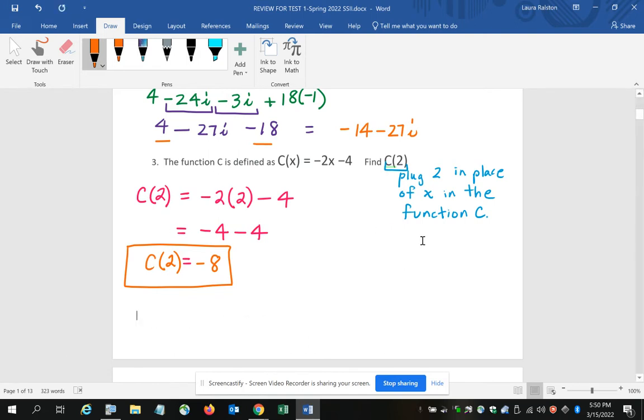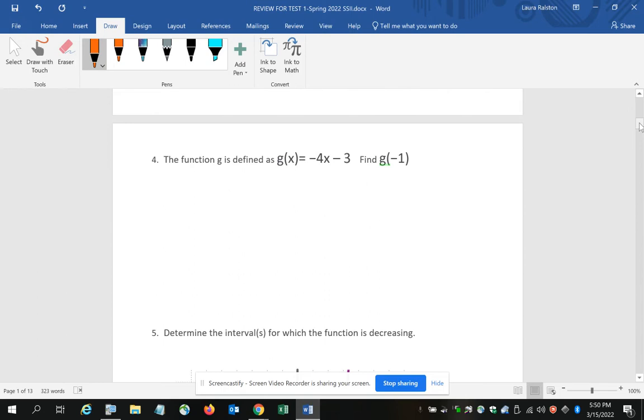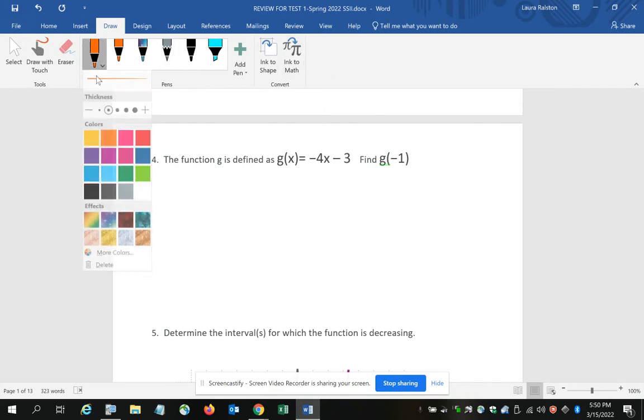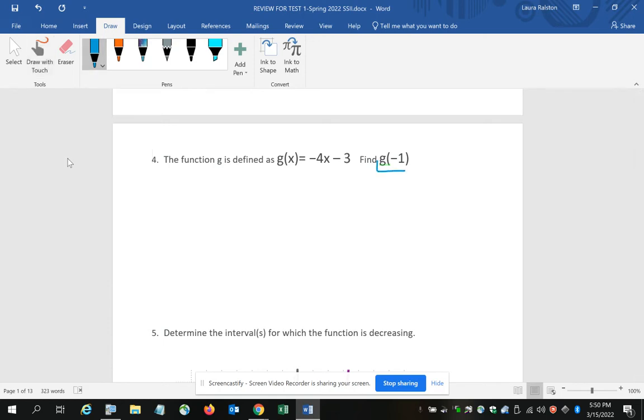Question 4 is a similar problem. It says the function g is defined as g of x equals negative 4x minus 3. Find g at negative 1. Again, this notation is telling me to plug negative 1 in place of x in the function g.